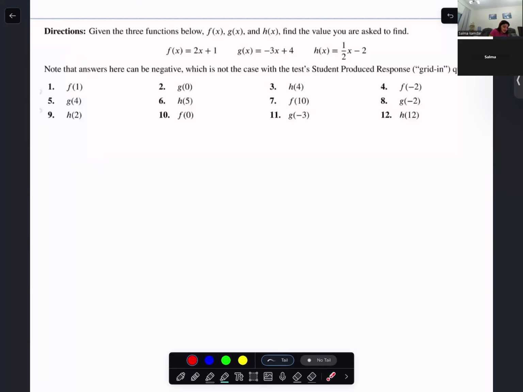You are asked to find the value of your functions when x is 1, when x is 0, when x is 4, when x is -2, and when x is 4. It is very easy to do this. I want you to pause the video and do it.